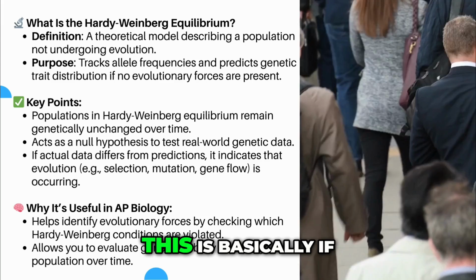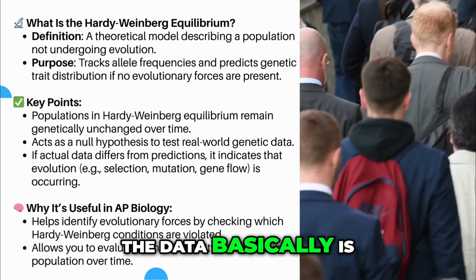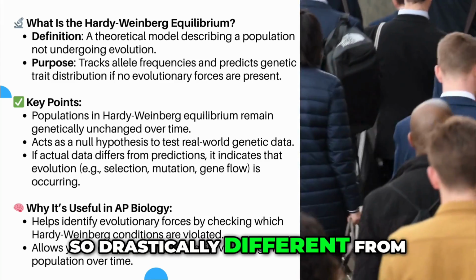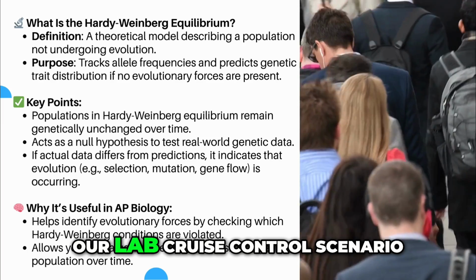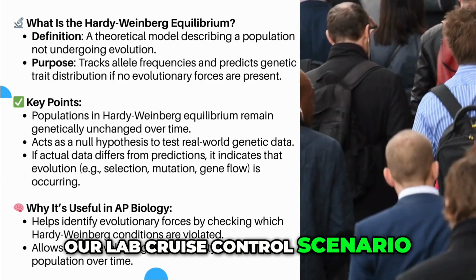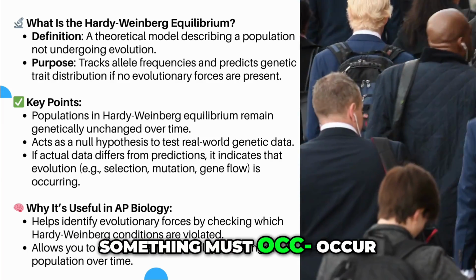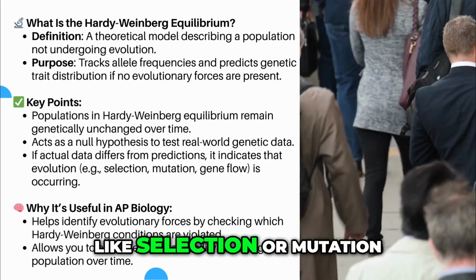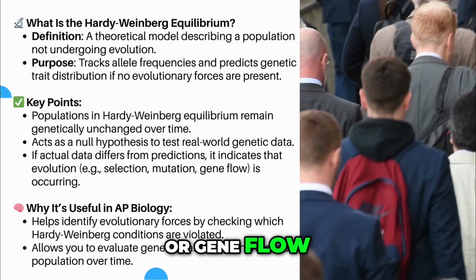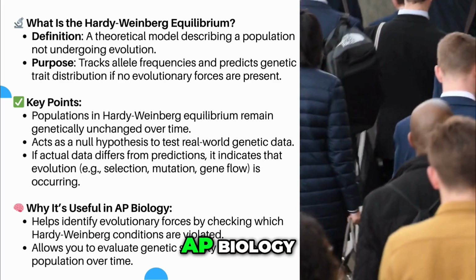And the purpose of this is basically if the data is so drastically different from what we had in our lab cruise control scenario, we then know something must have occurred that was kind of shady, like selection or mutation or gene flow. And so that's why this is helpful for AP biology.